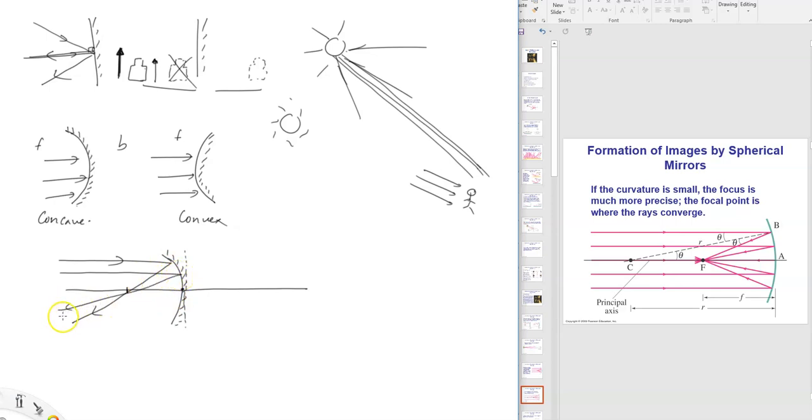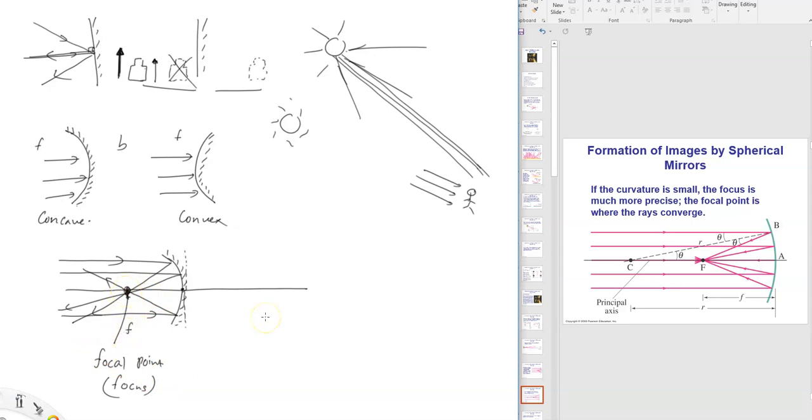It's from the mirror geometry. Comes parallel, goes through this same point. This point is called the focal point, or focus. We use the letter F to indicate that.